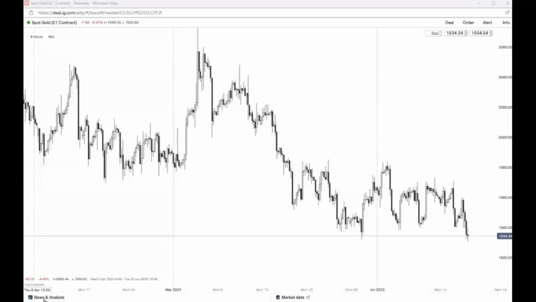And it gives us information about whether we should be buyers or sellers. That is what it is all about, figuring out, should we buy or should we sell this market? Is the probability that the market will go up, or is the highest probability that the market will go down?